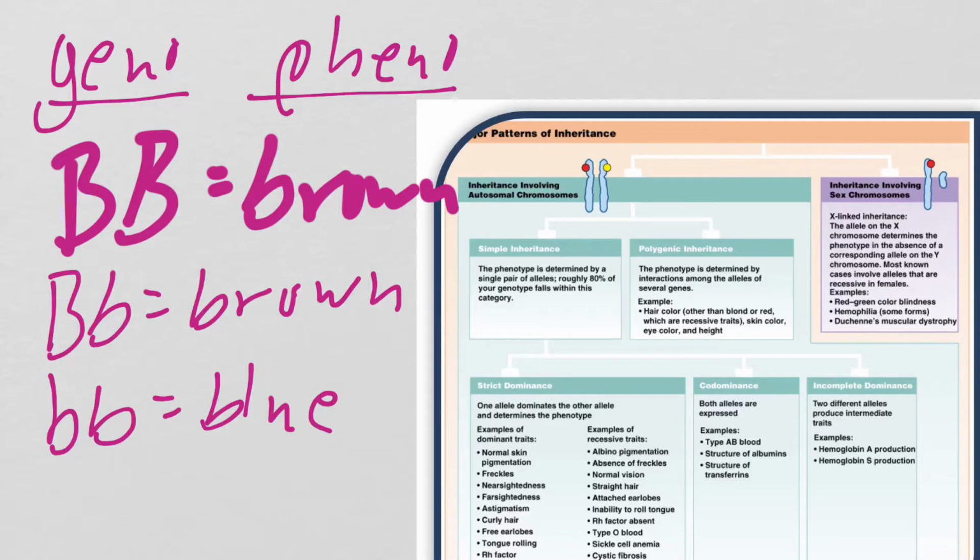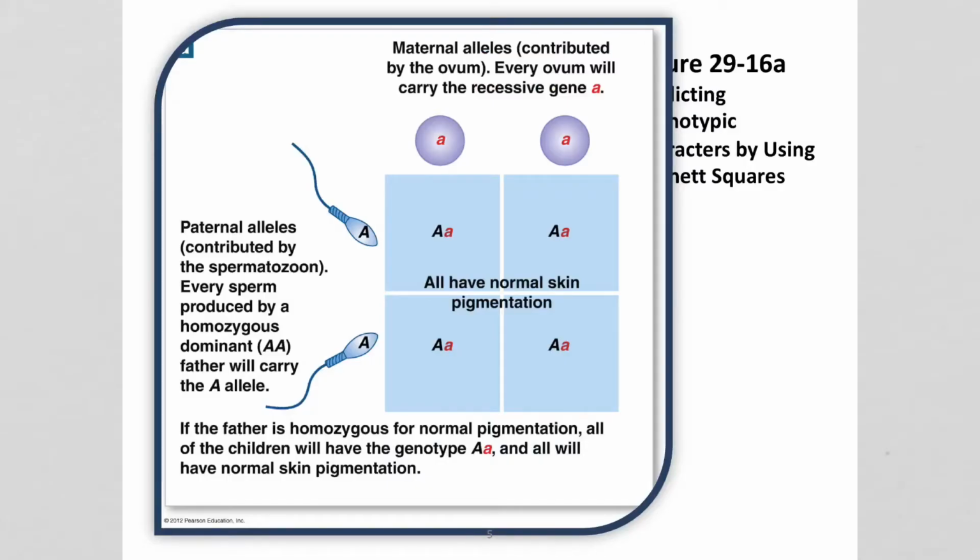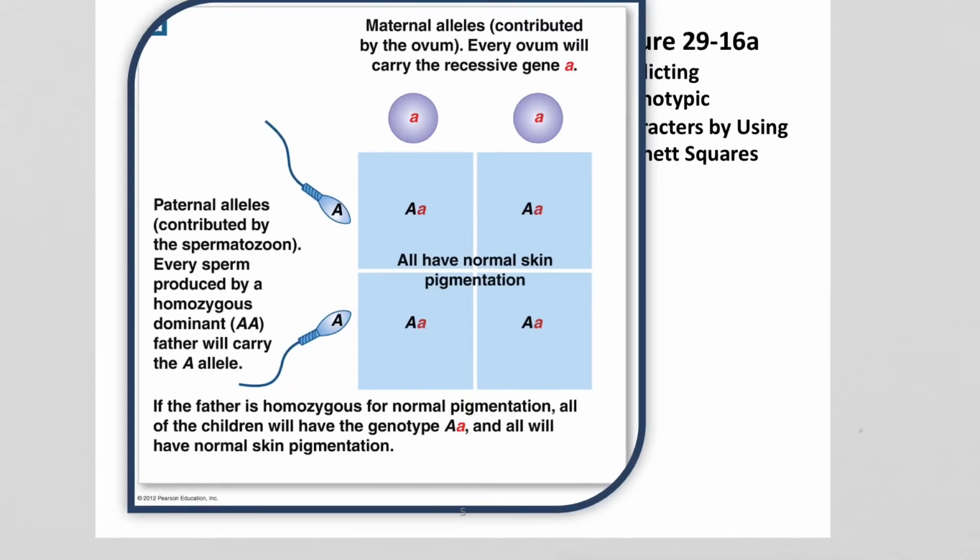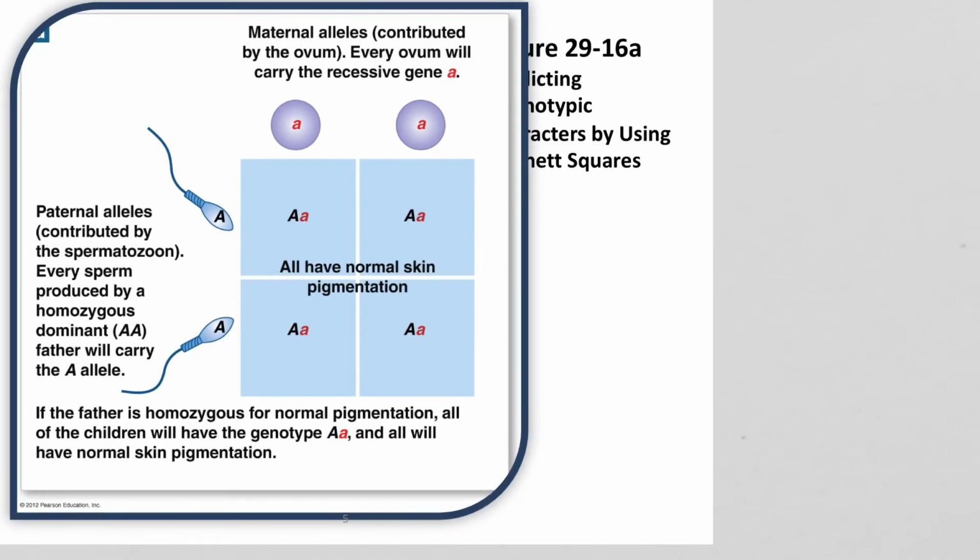Okay, so using this picture, 29.16a as a guide, show the genotypes of the children of a homozygous dominant brown-eyed father with a homozygous recessive blue-eyed mother. So let me draw a Punnett square here.